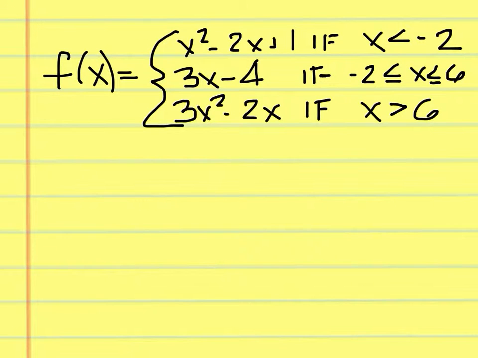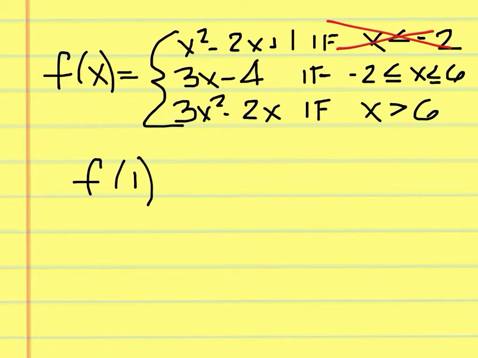What you must evaluate is f of 1. According to those directions set up, which function, the first, the second, or the third, would we use to evaluate f of 1? Is 1 less than negative 2?